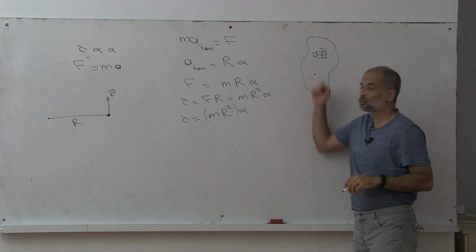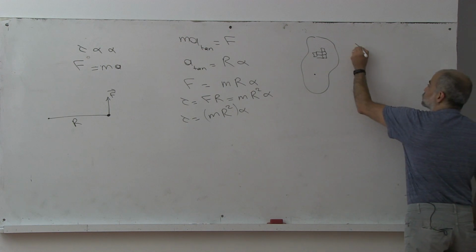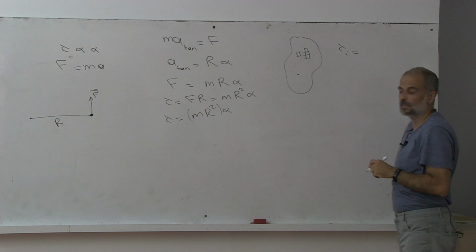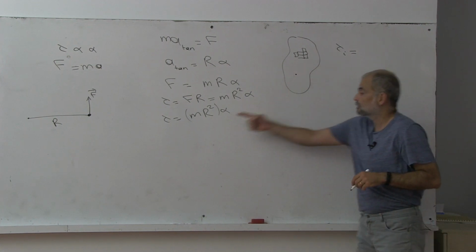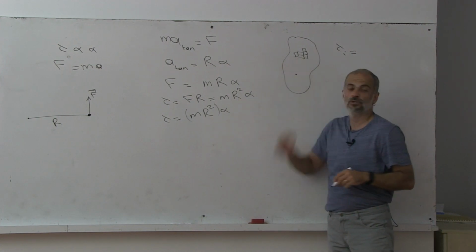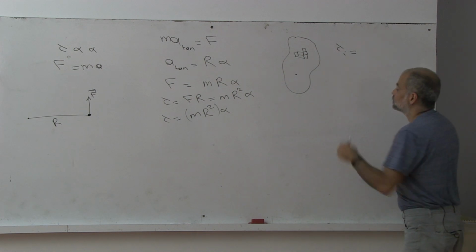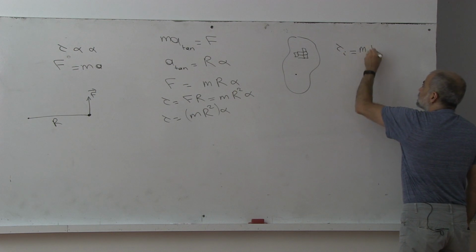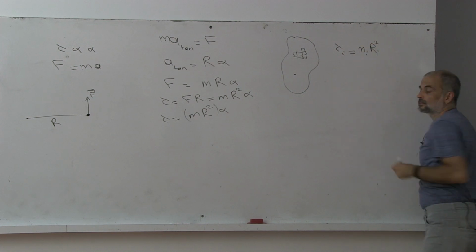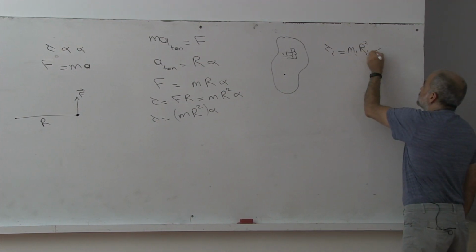Each one will feel some torque, and we can use this relation for each of the parts making up the system. So the torque acting on each part will be its mass times its distance from the rotation axis squared, multiplied by alpha.